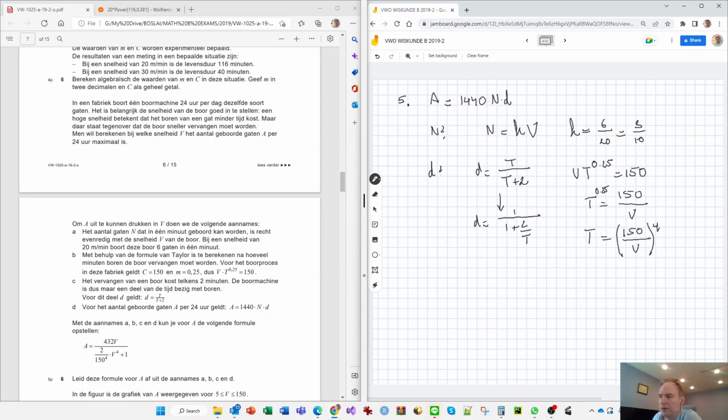I do that because I see what they're asking for. Let me then start writing out A with everything I know. It's 1440, and N was 3/10, times 1 over 1 plus 2/T.